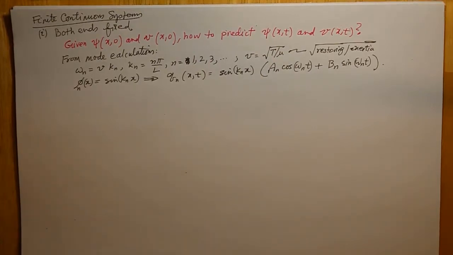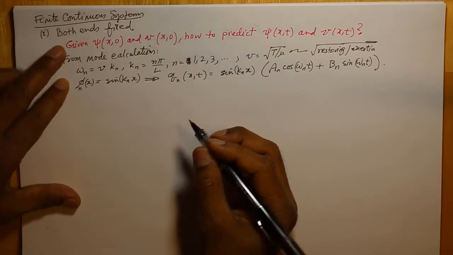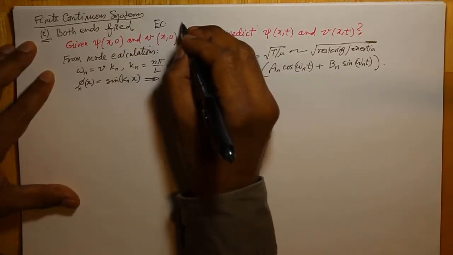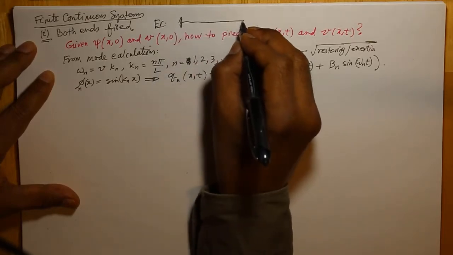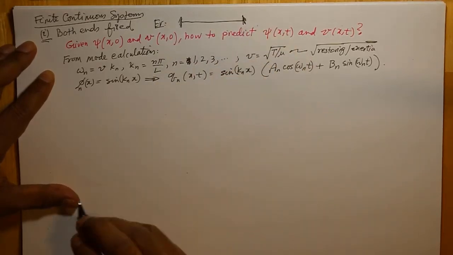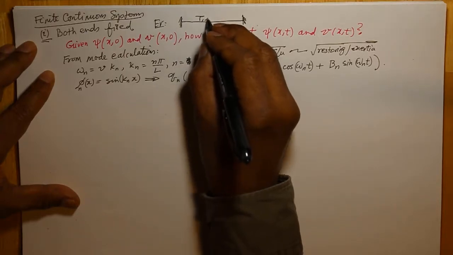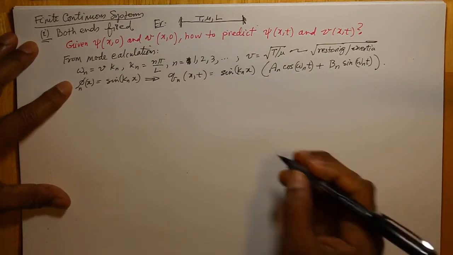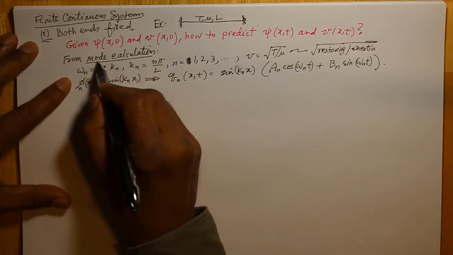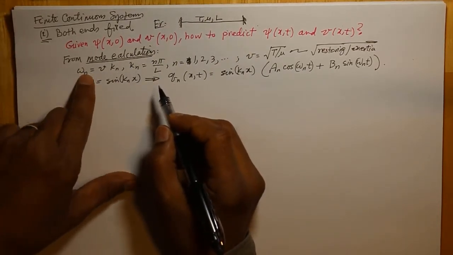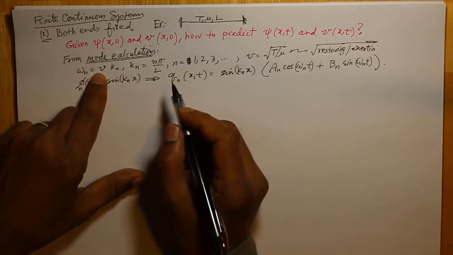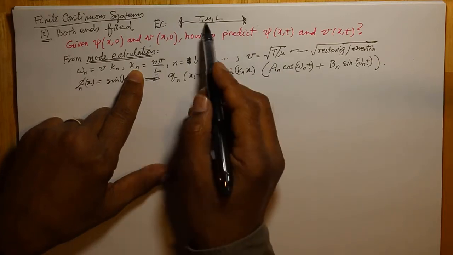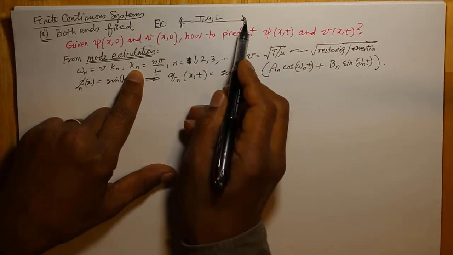Okay. So we are here. Both ends are fixed case. So the example we're looking at is this system, with tension T, mass density mu, and length L. Okay. So from the mode calculations, a separate calculation, we find the mode frequencies look like that. The k takes this form. It's very tied in with what happened in the boundary conditions.